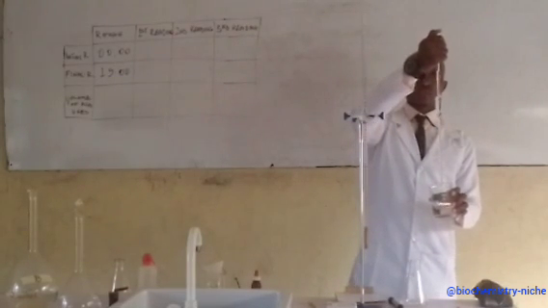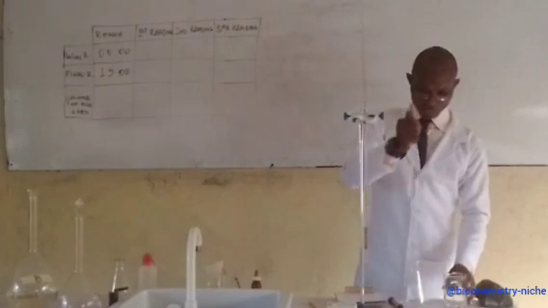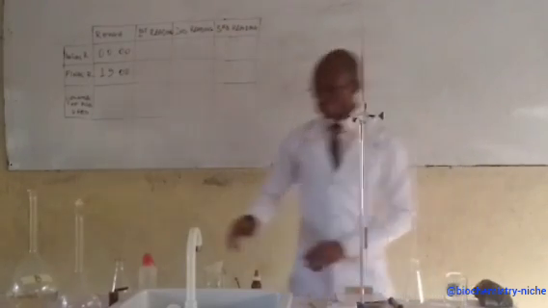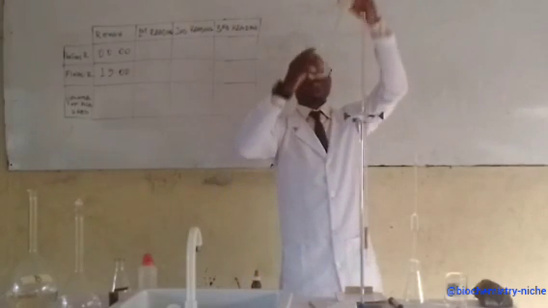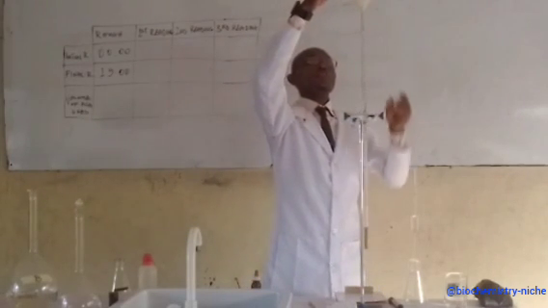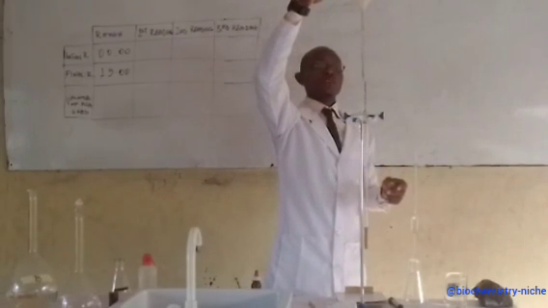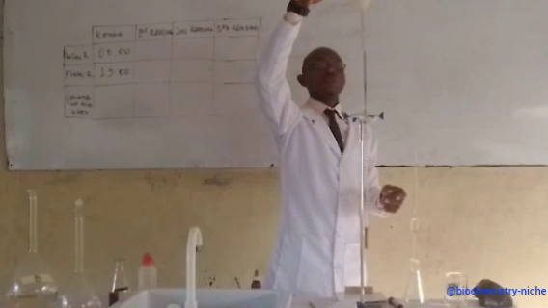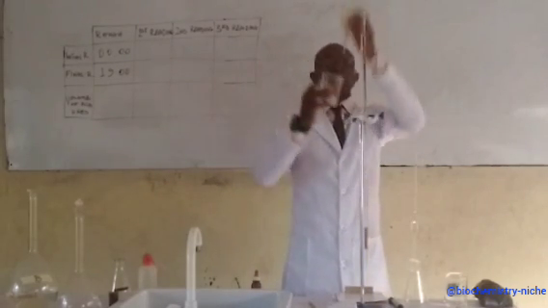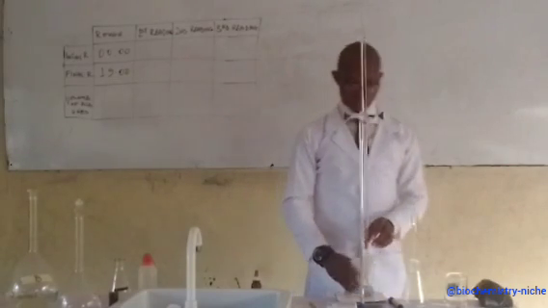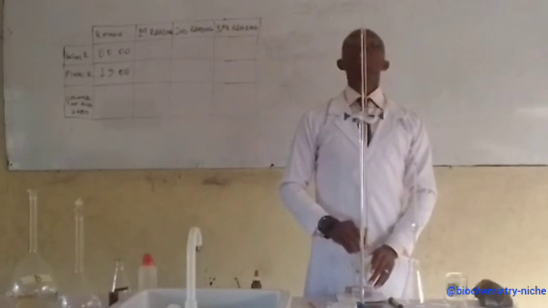Alright, so we are having this. I'm emptying the content into the conical flask. So let me top this up, because NECO has asked us to give every student 150 centimeter cube, that is 3 times the volume of the burette. So let me zero it now.